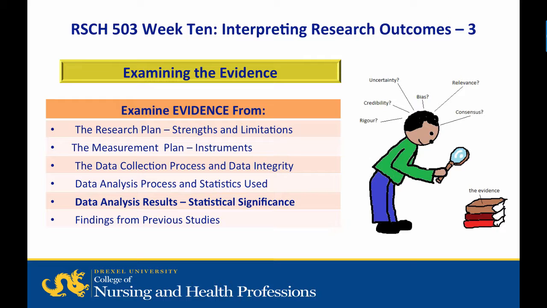What is the statistical significance of the data findings? Were the results as predicted? Were there non-significant findings? If so, what can be learned from them? Were there unexpected findings? Were the study's findings consistent with findings from previous similar studies?